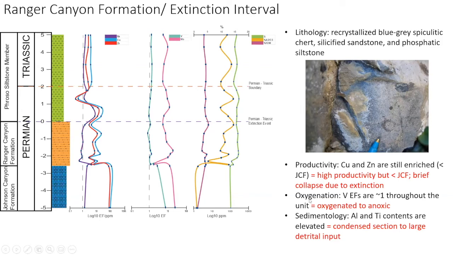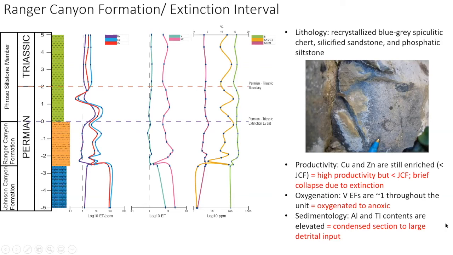For oxygenation, vanadium, we see that with it being around a value of 1 here, it goes from oxygenated to anoxic. And looking at the transition for the extinction interval as well, it's just continued anoxic conditions across the extinction interval.